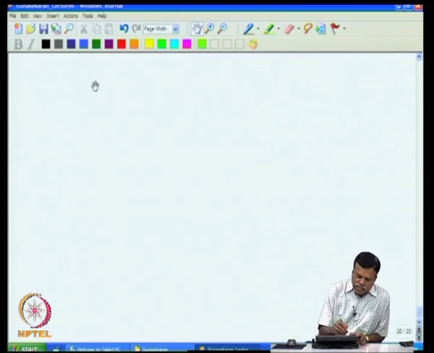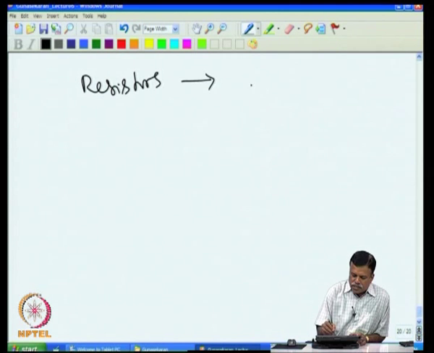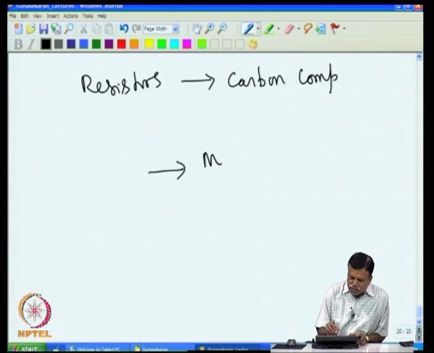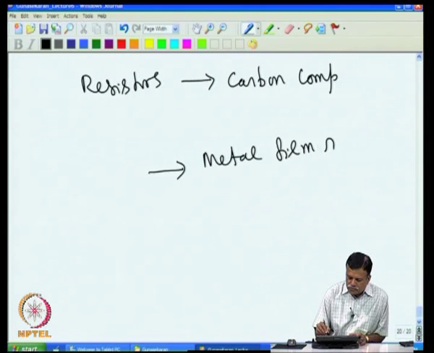For example, if we take resistors, you get in the market mainly three different types. One is carbon composition, the second type is metal film resistors, and the third type is wire wound resistors.